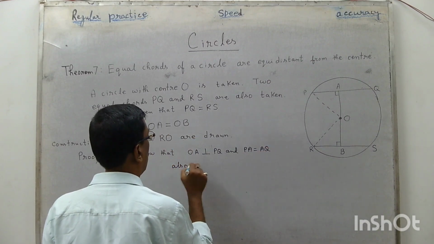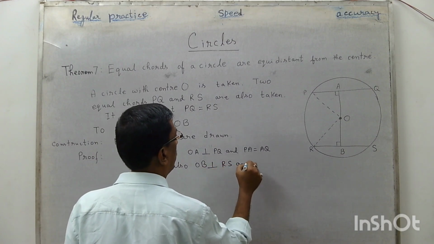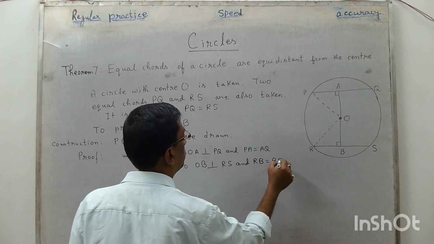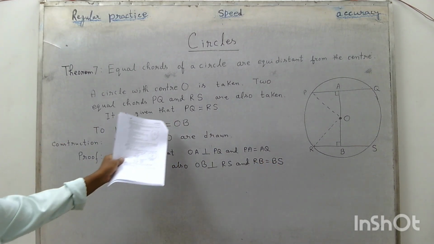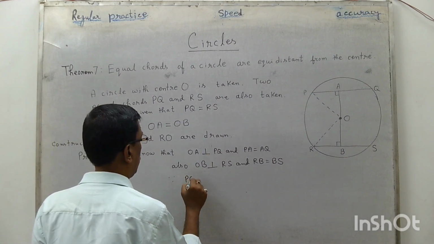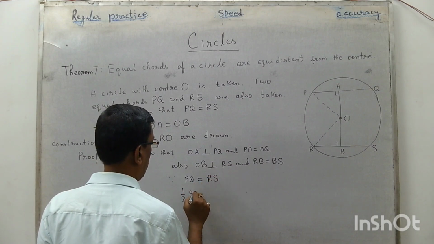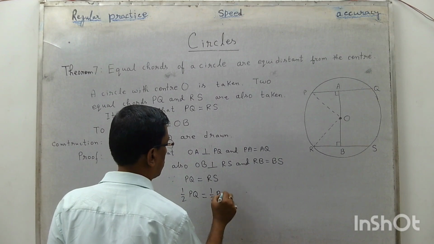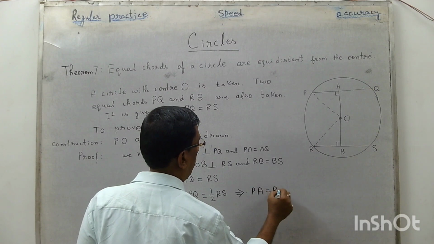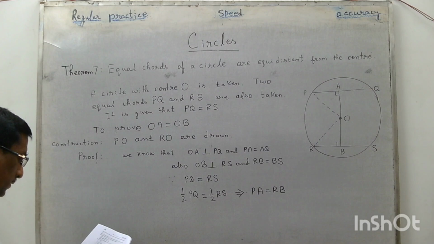Also OB perpendicular RS and RB equal to BS. It is given that PQ equals to RS. Since PQ equals to RS, so half of PQ equals to half of RS implies that PA equals to RB.